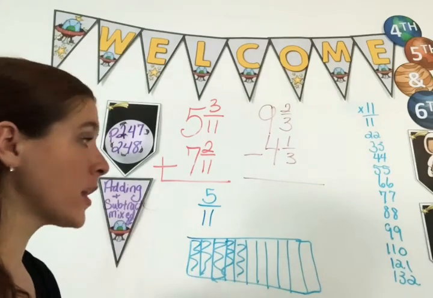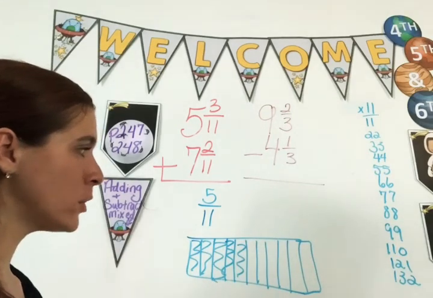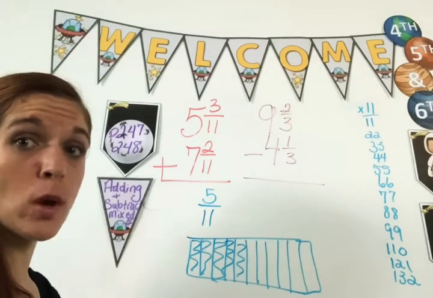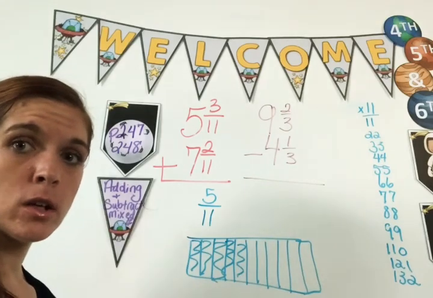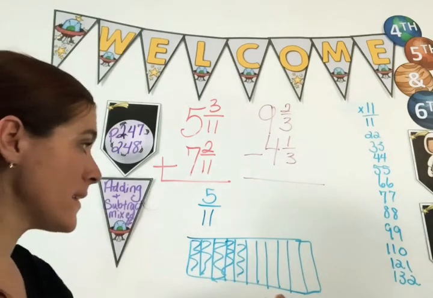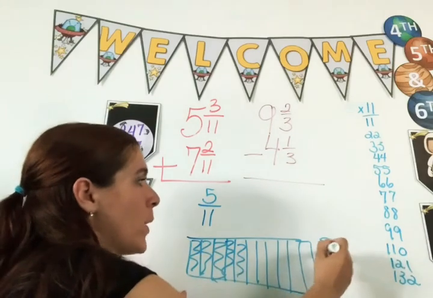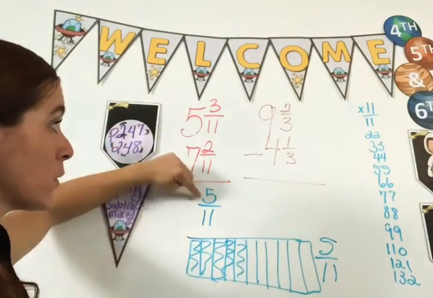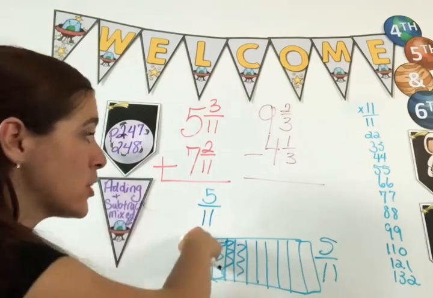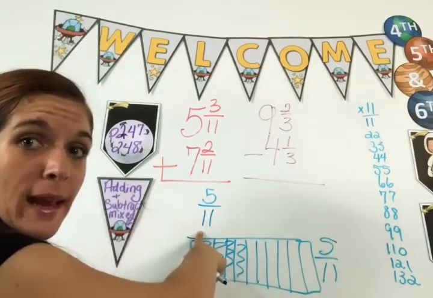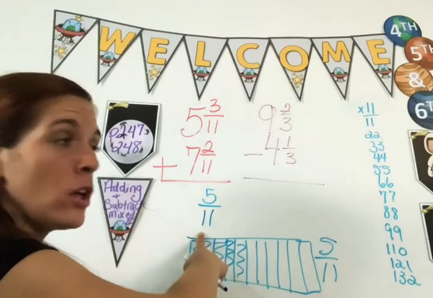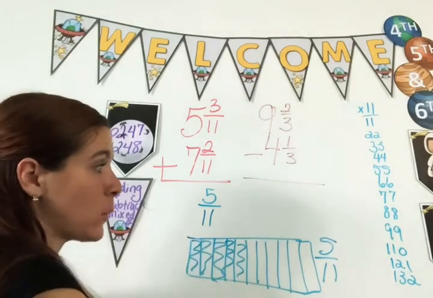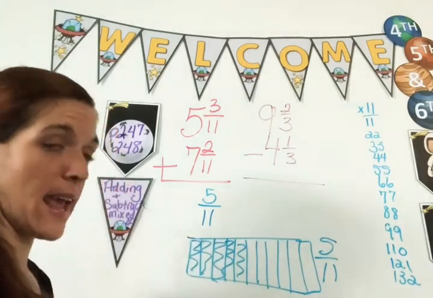The chocolate bar. How many pieces do you still have? You have 11. Did you ever make 22 pieces? No. So now you have 5 over what? 11. So 3/11 plus 2/11 equals 5/11. The amount of pieces in the chocolate bar never changed, and there are not 22 pieces here. So 11 has to stay the same.